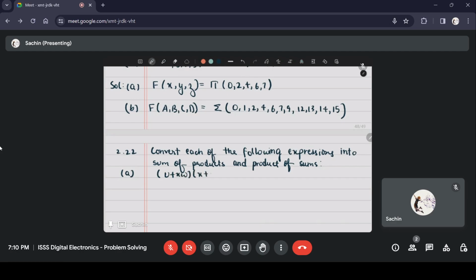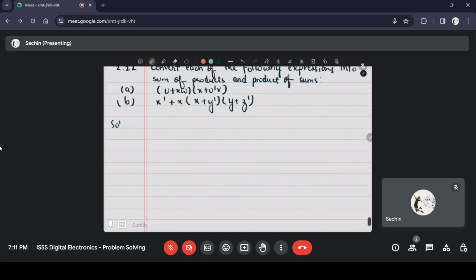So here they are not asking you to express it as a sum of min terms or a product of max terms. As long as they are product terms, it's fine in sum of product form, the SOP form. They don't have to be min terms. And in POS form, you don't need to write it as max terms. Just a product of some terms is enough.